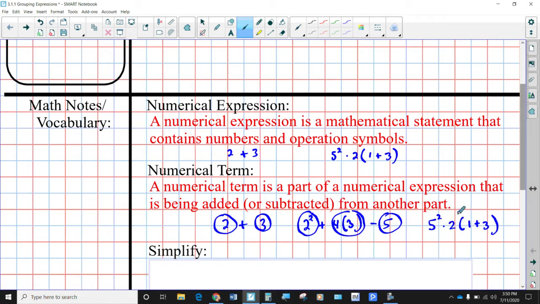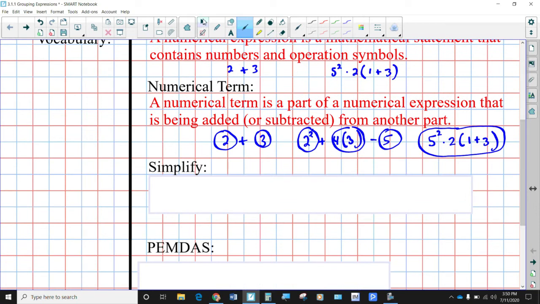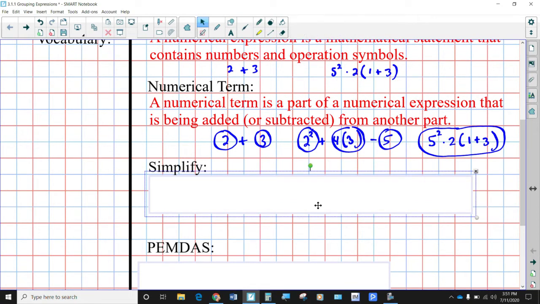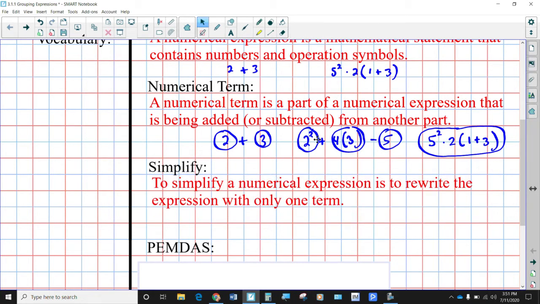So technically, this entire expression is just one term. And we would have to use the order of operations to simplify that term. We take care of the parentheses first, then do the exponent, then do the multiplication from left to right.